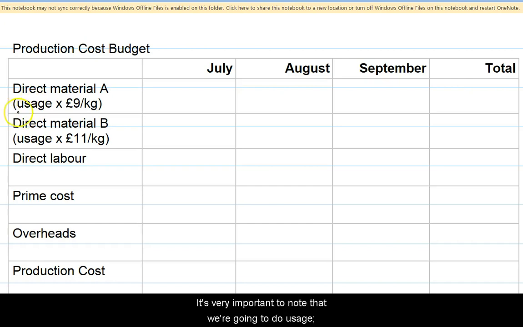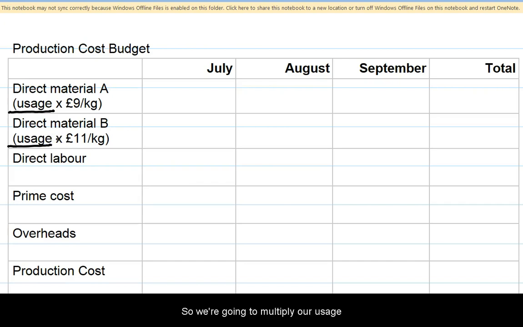It's very important to note that we're going to do usage. It's not what we're going to buy, it's what we're going to use. So we're going to multiply our usage by our price.